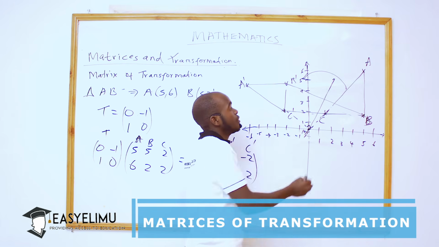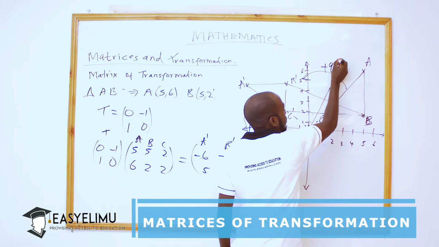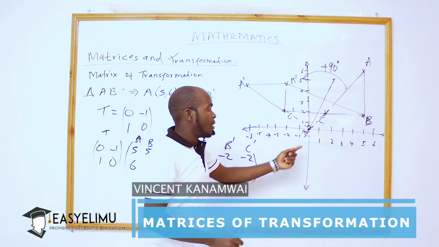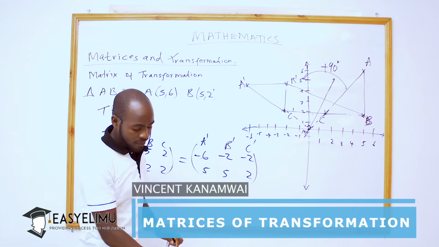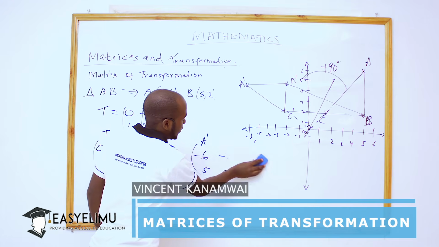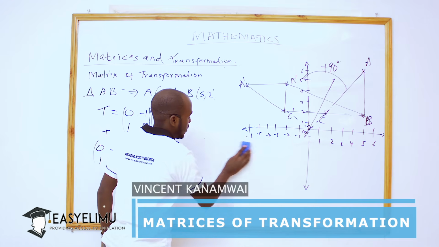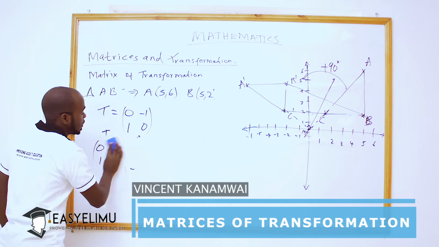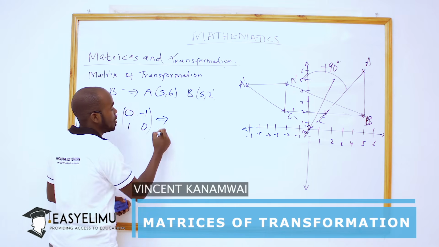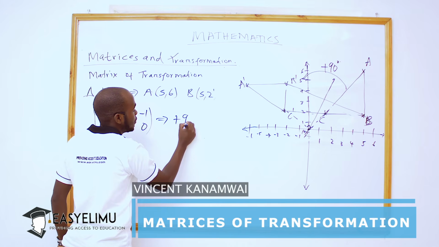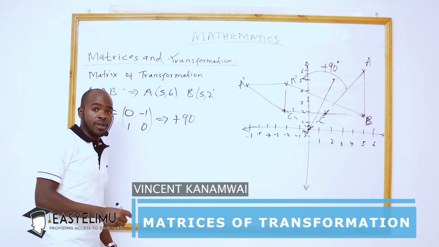That is a positive quarter turn because it's positive 90 degrees at the origin. And with that we can say that we have found the matrix of a transformation to be this matrix. It will be a positive quarter turn matrix.